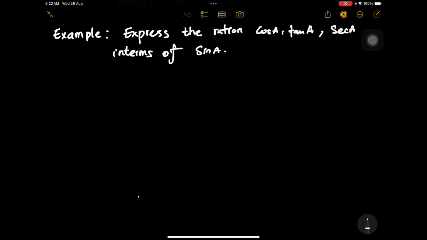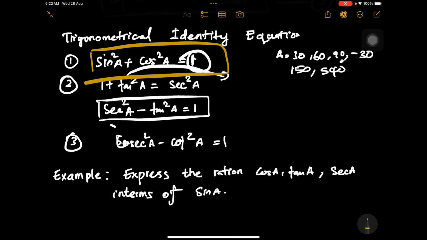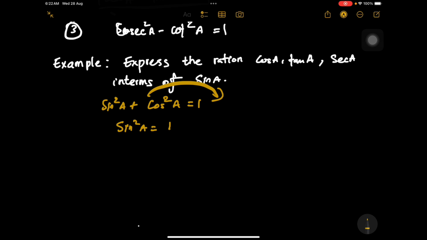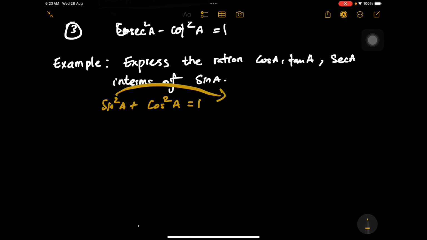So we are going to start with the first identity equation, and express cos A in terms of sin A. The first identity is sin squared A plus cos squared A equals 1. We have to move sin squared A to the other side, because we're going to express cos A in terms of sin A, so sin A should be on the right hand side.